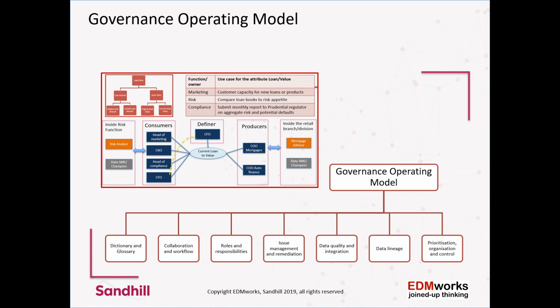Data lineage, massively important, more on that a bit later. And then one of the big things we have, of course, is we can't boil the ocean. So our data governance system has to have an overall prioritization, organization and control capability, so we know which projects and programs to put through.